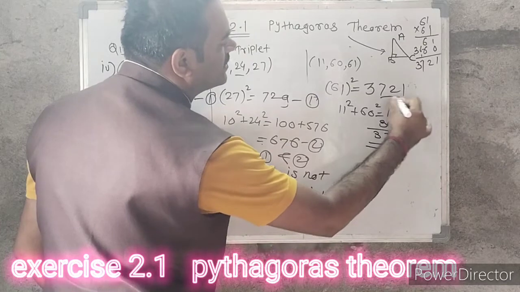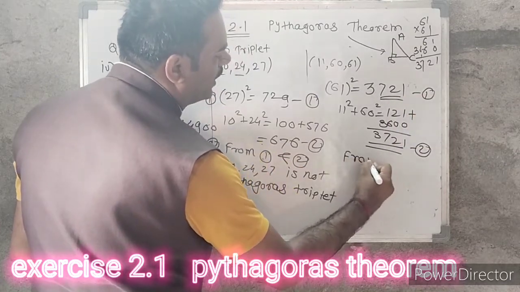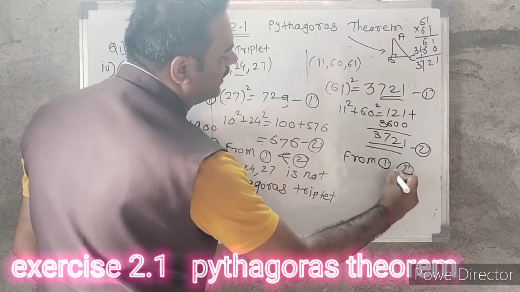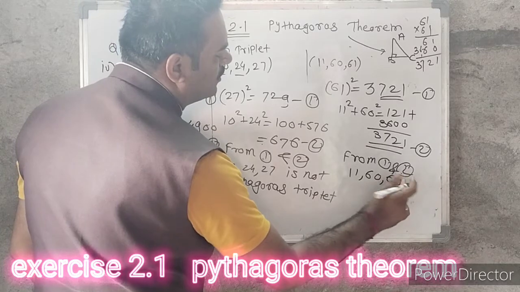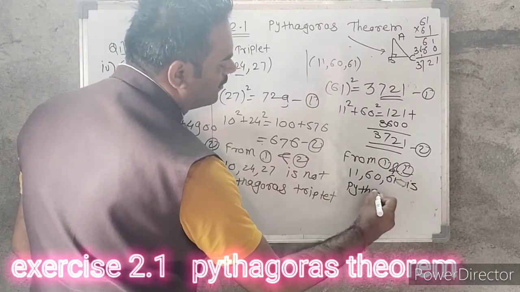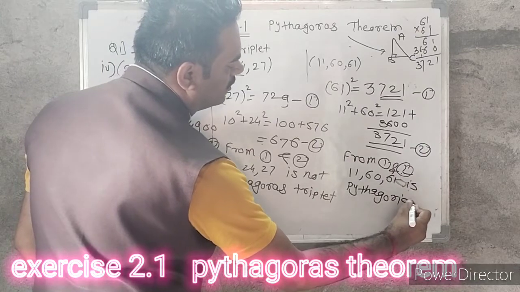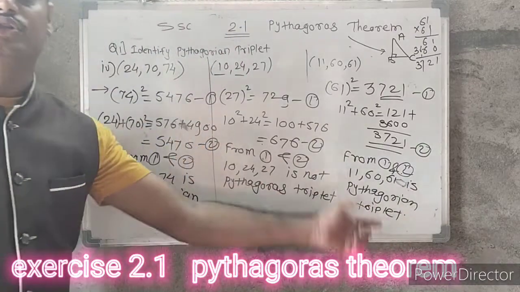So are they matching? Yes, definitely they are matching. So from first and second you have to write that 11, 60, 61 is a Pythagorean triplet. Okay, I hope you understood this example.